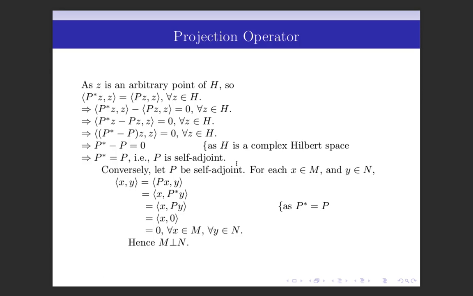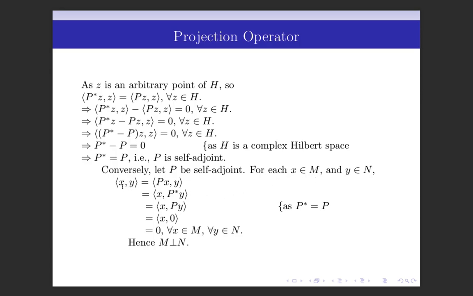Conversely, suppose P is self-adjoint. Then we have to prove that M and N are orthogonal. For each x belonging to M and for each y belonging to N, the inner product of x, y is equal to the inner product of Px, y. From the earlier remark, x belonging to M implies Px is equal to x.